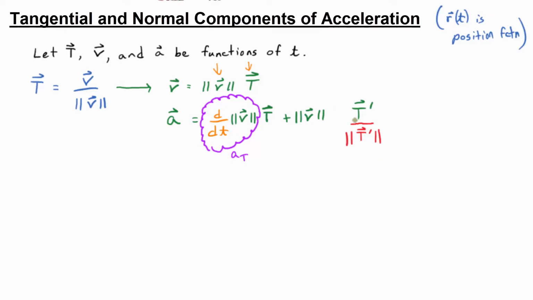I better multiply on top by the magnitude of T prime. So I'm trying to fit it in right there. Let me move this over just a little bit more. So, good news.